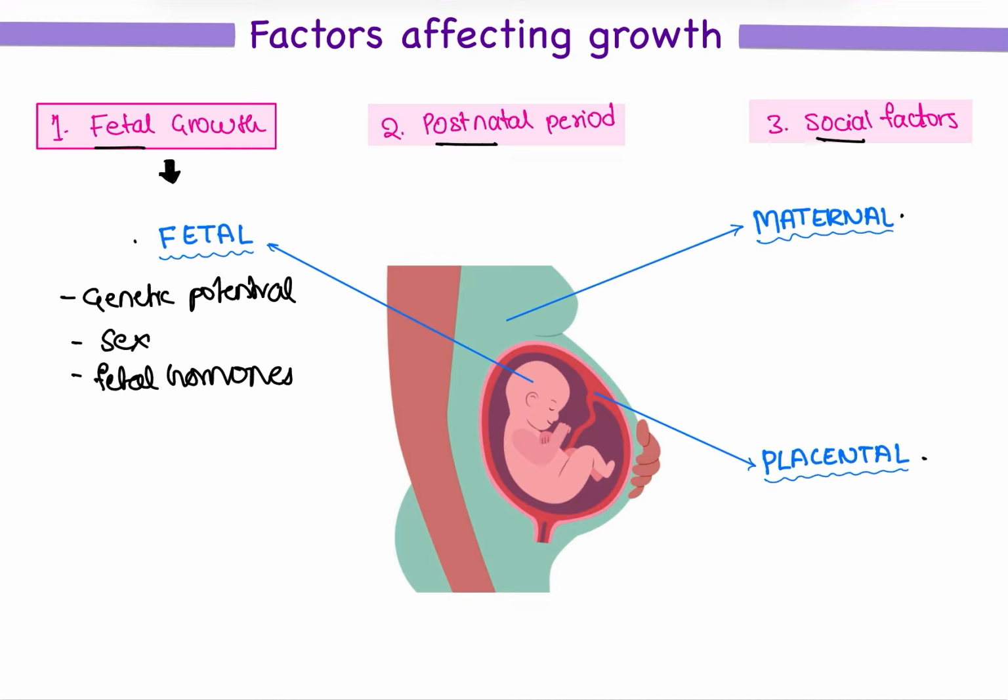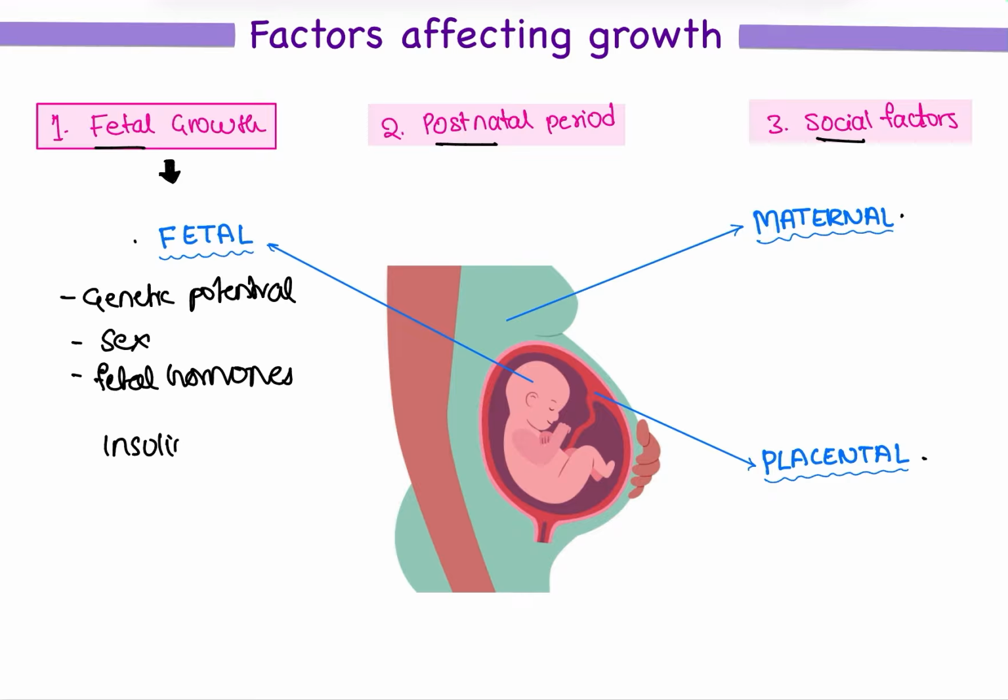So, genetic potential. There is a correlation of maternal weight and height with the birth weight. There is a maternal constraint on how much a baby should grow so that the mother can deliver the baby. Sex. The boys are more in weight at birth than girls. Fetal hormones.